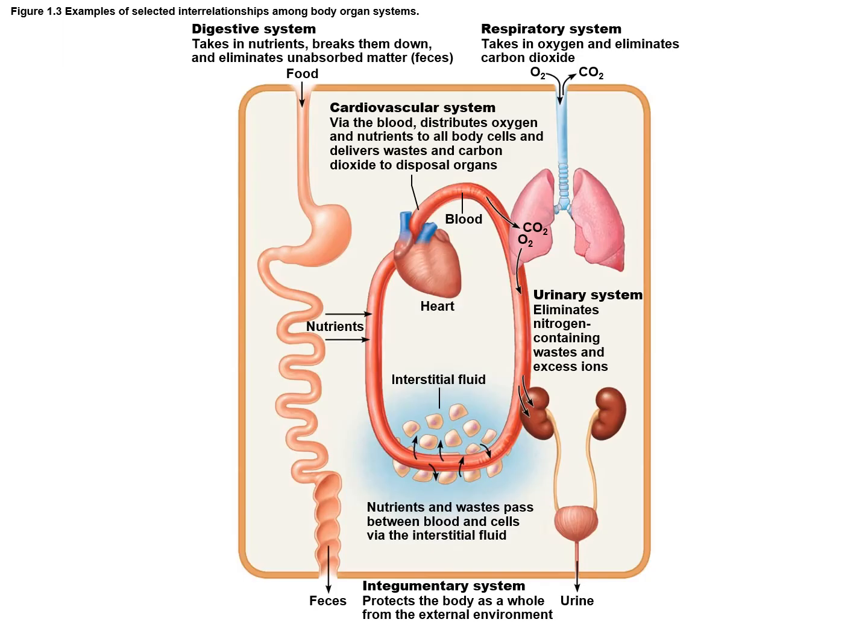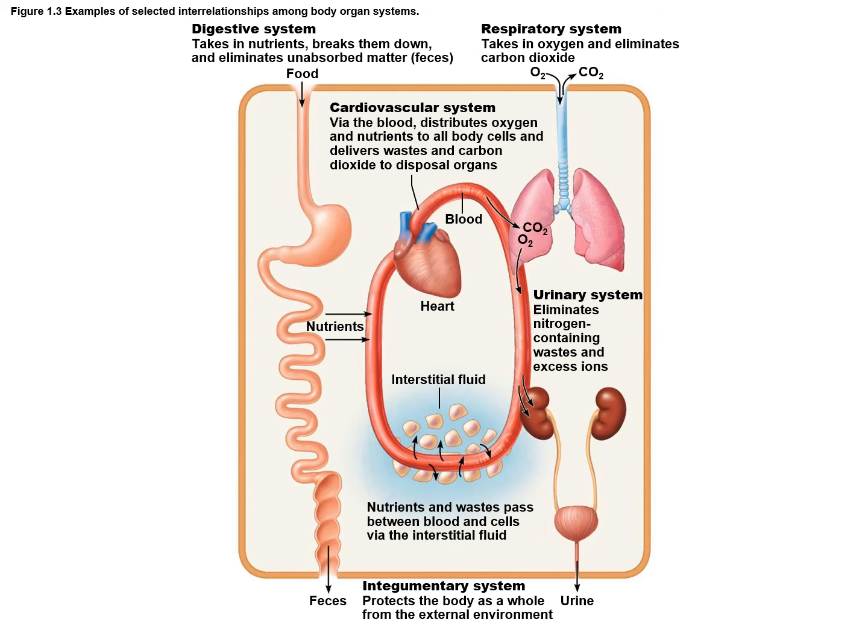This is a very simplified view of how the body works with all the different systems. Again, no body looks like this, right? They're kind of drawing it as a cell, but you can see food is being taken in through the digestive system.